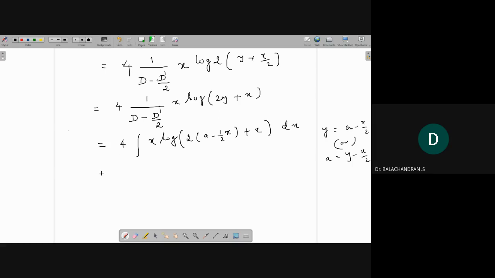Now this is equal to 4 into integral x into log of multiply by 2, you get 2a minus x plus x into dx. So again plus x minus x gets cancelled. So 4 into integral log 2a into x dx.